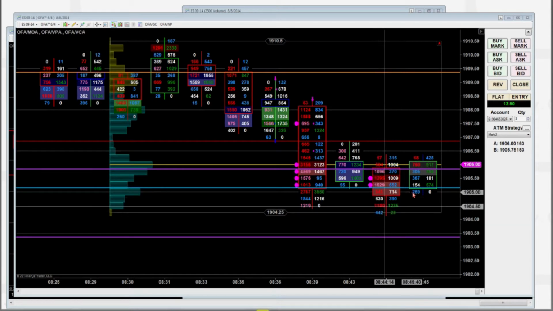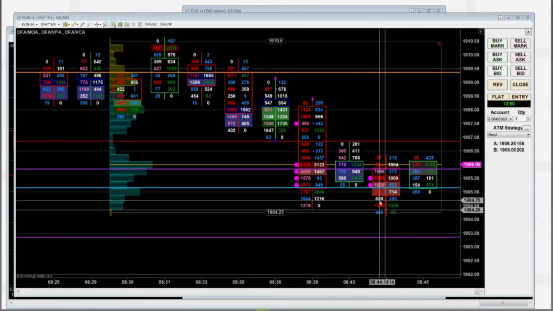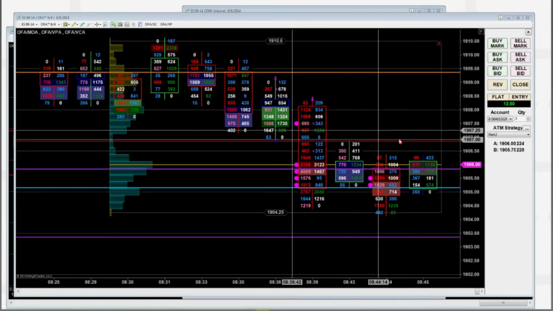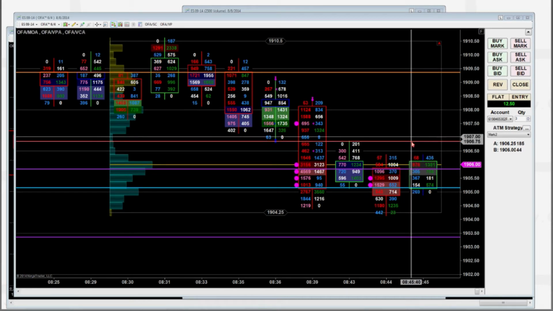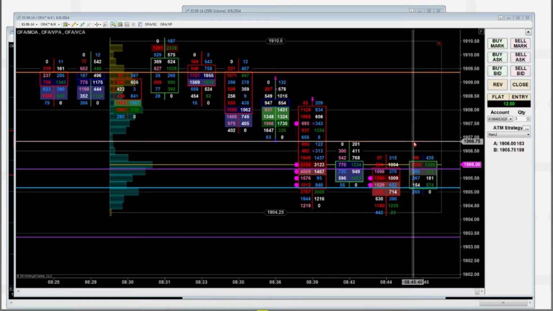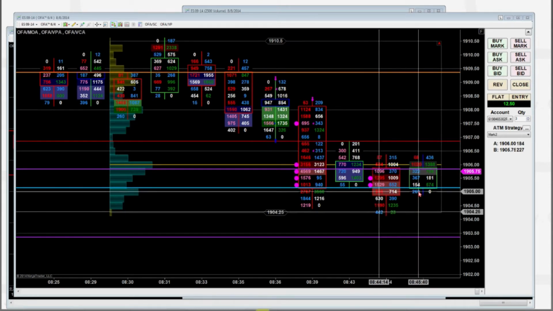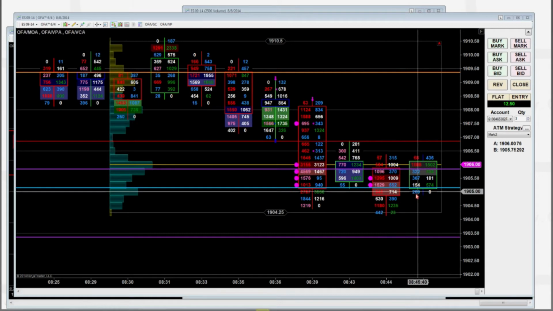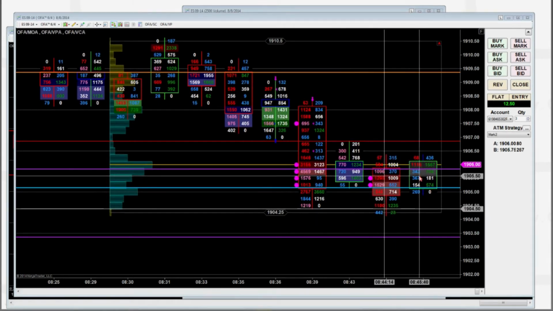So here's my issue with just taking a short, and the short would have worked off of here for a couple of points, as much as that long worked there, is that this is still a low volume area for the day at 1907.675. So this is still a key level for me, but I show weakness, and that could change any time, but the bid is showing weak at both of the bottoms of these probes.